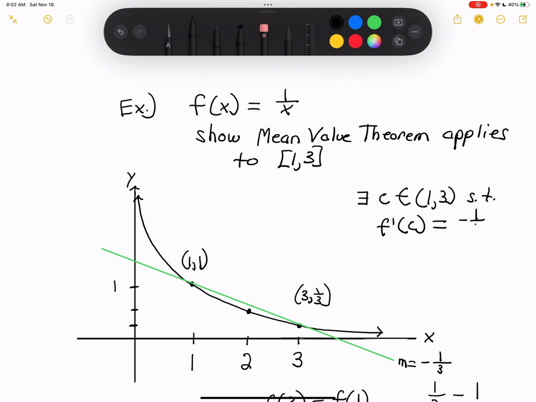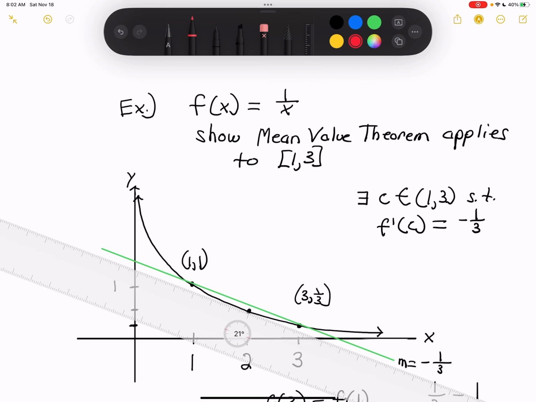So there has to exist a c where if I drew a tangent line, the derivative at that point is negative 1/3. So let's do this graphically first, and then we'll actually find the actual value and see if we get close. I'm not the best drawer of functions, so it might not work out exactly, but let's see.